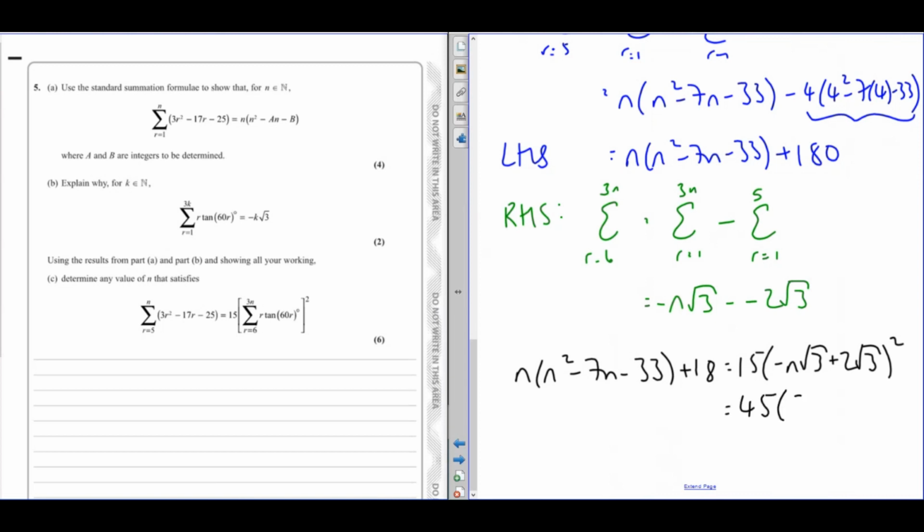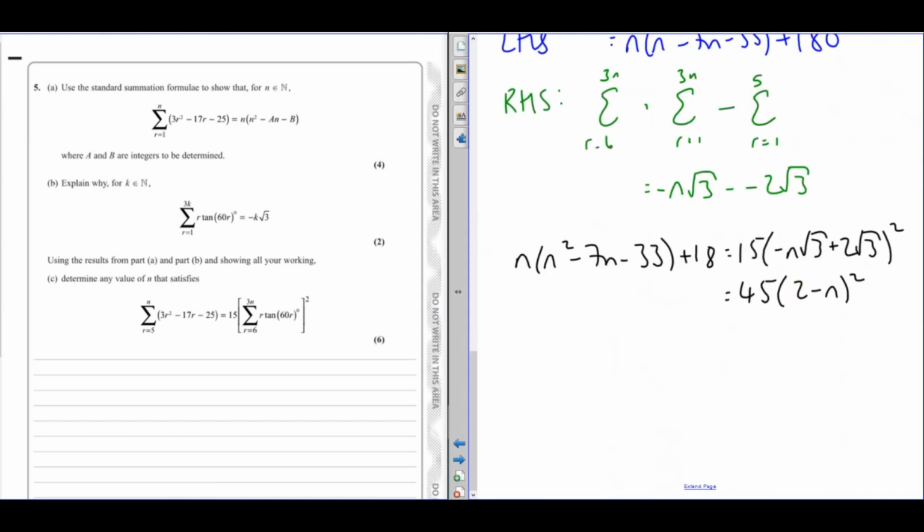So that's 45 times 2 minus n squared. Let's expand all this out and we'll get a cubic for this. So n cubed minus 7n squared minus 33n plus 180 equals, expanding this out will give me 45n squared minus 180n and then plus 180.